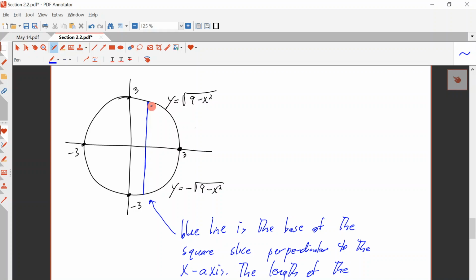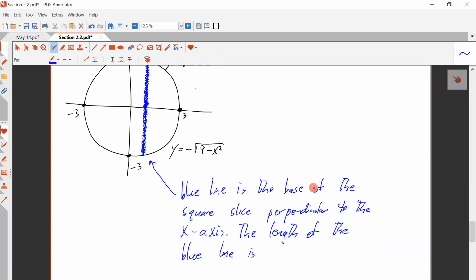Well, what's this length? This length here is the distance from here to the y-coordinate, so the length is that. And this length here is the same. So the length of that blue line is 2 times the square root of 9 minus x squared.